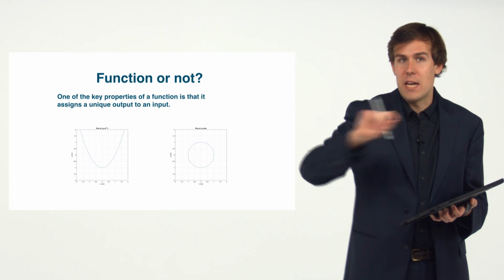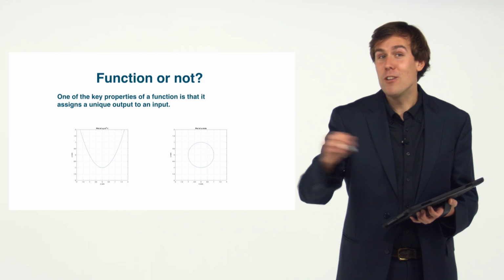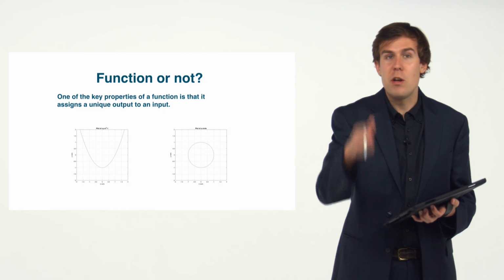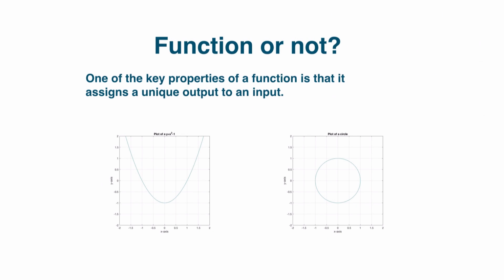Or is it possible to input one thing and get multiple outputs? If you get multiple outputs, it's not a function. You need to have unique outputs. So here, let's think about inputting things on the x-axis and outputting things on the y-axis. And we ask, is each input given a unique output?